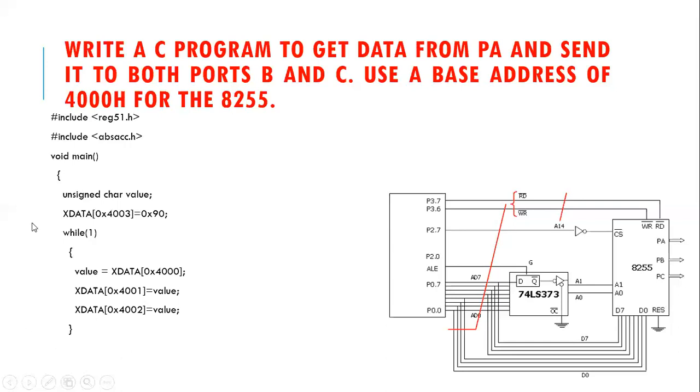This operation gets repeated. The only thing you need to understand is that you have to use a special header file and the XBYTE macro for accessing data external to the microcontroller.